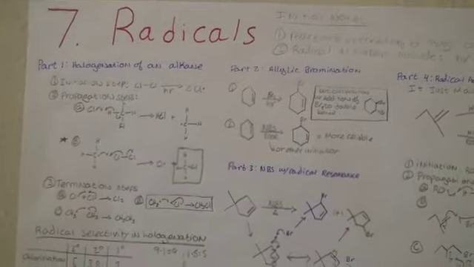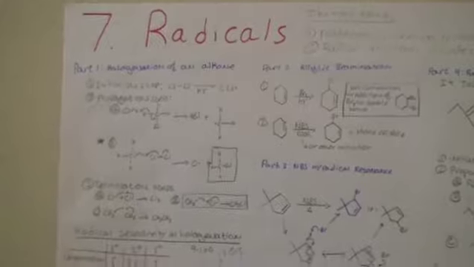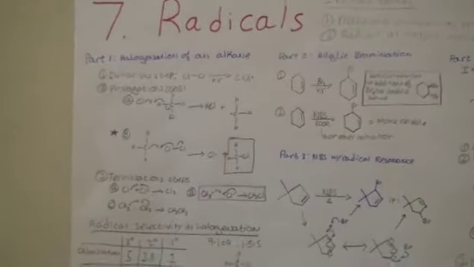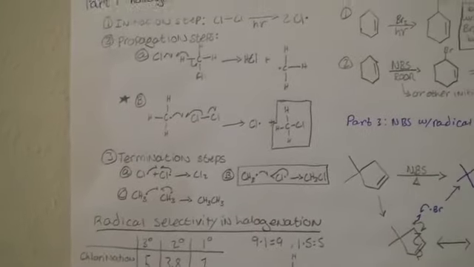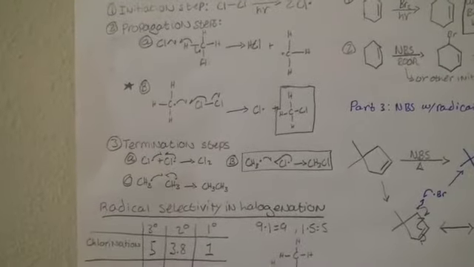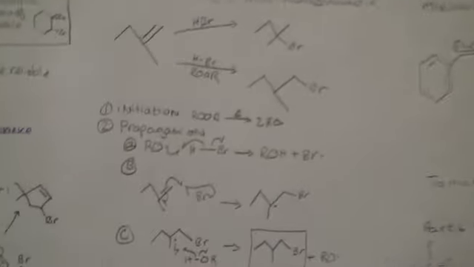I go a little bit more into mechanisms in this video than I do in my other videos, particularly because the ACS likes to ask you questions like, which of the following is a radical intermediate and a propagation step in, let's say, the addition of HBr to this compound right here?